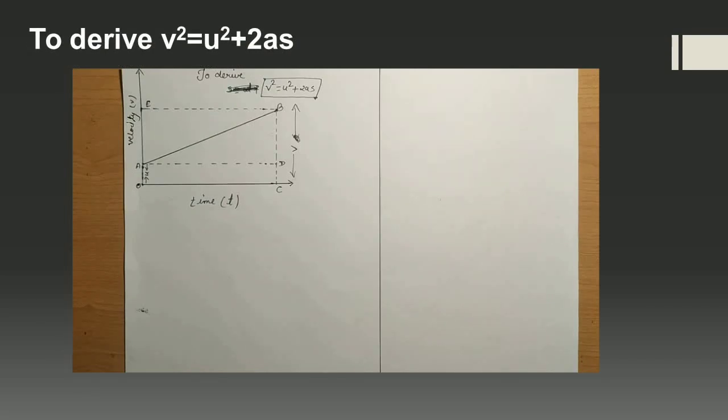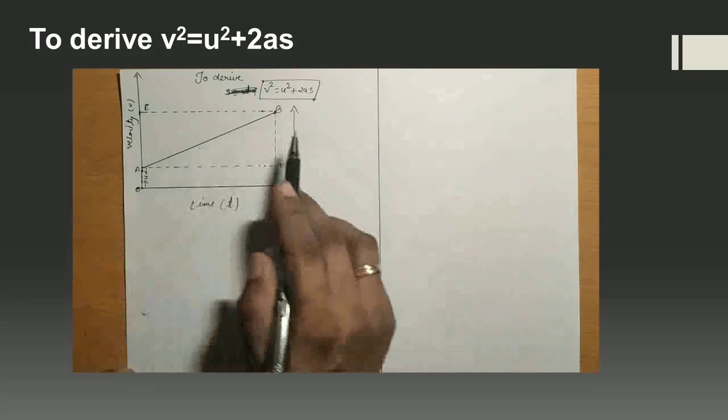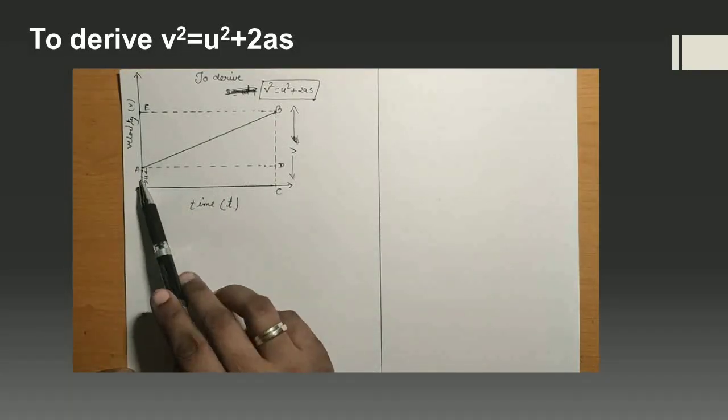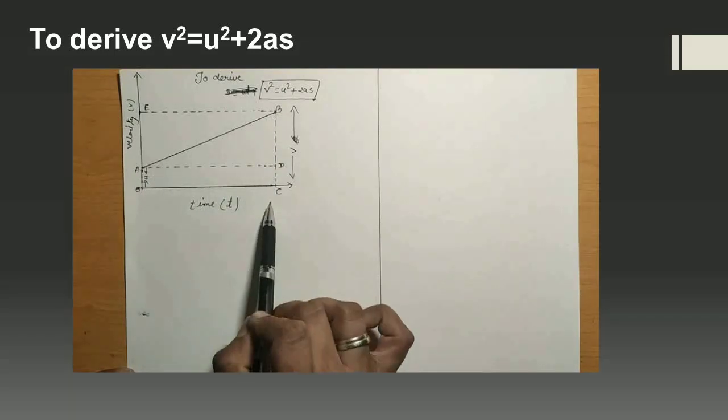Now we will derive our third equation of motion, and to derive it, we have to consider a body under uniform acceleration. Suppose the body travels the distance s in time t, and the distance traveled by the body is given by the area under the velocity time graph AB, which is equal to the area of trapezium OABC.